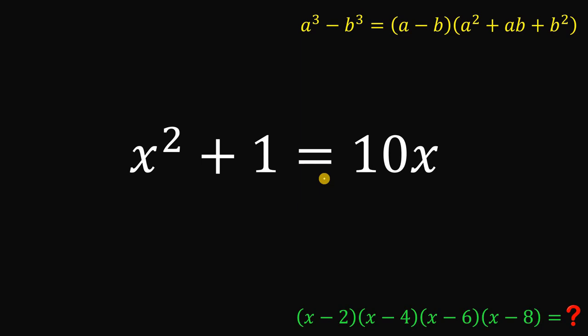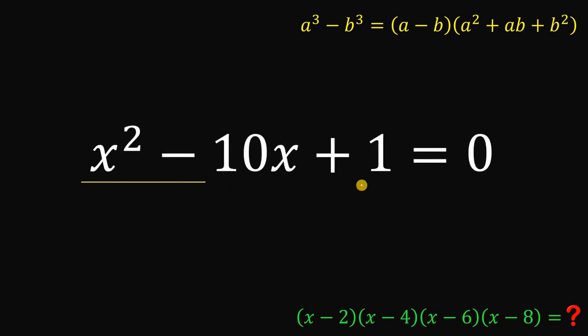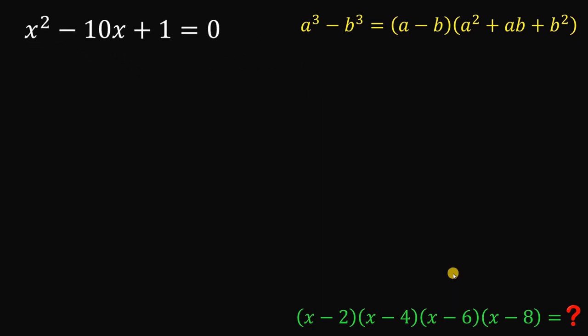And then, let's equate this to 0. So we have a quadratic equation x squared minus 10x plus 1 equals 0. Now, this is very crucial because we can now use it in the given expression that we want to evaluate.